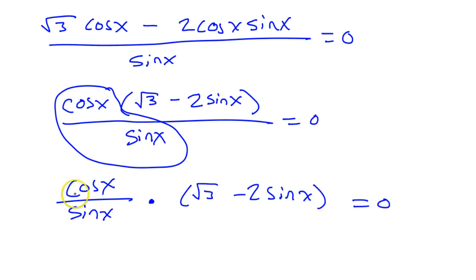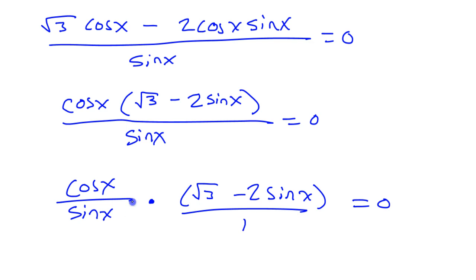So I didn't really change anything, I just changed the look of things. But if you think about it, this is the same as what I had a moment ago. If I were to put a 1 under this and multiply them together, you can see that I would get right back to what I had before. Alright, cosine times the parentheses and then over sine x. So I didn't change anything.